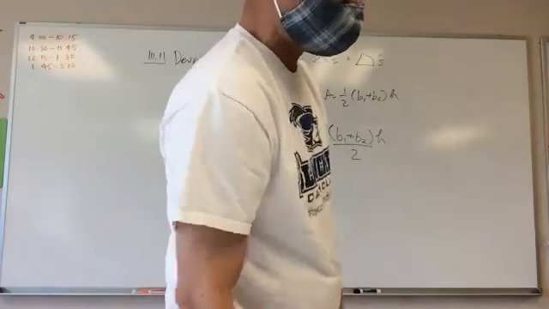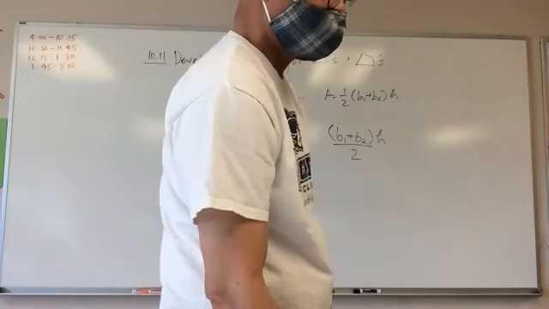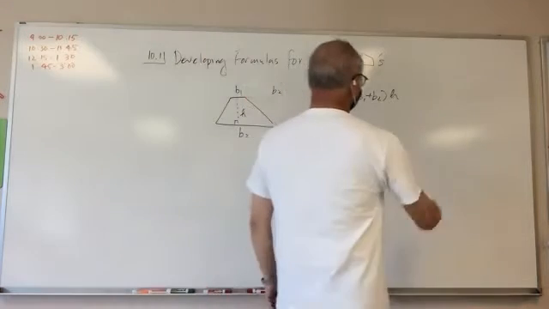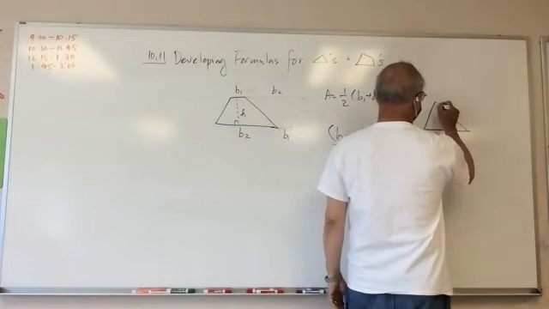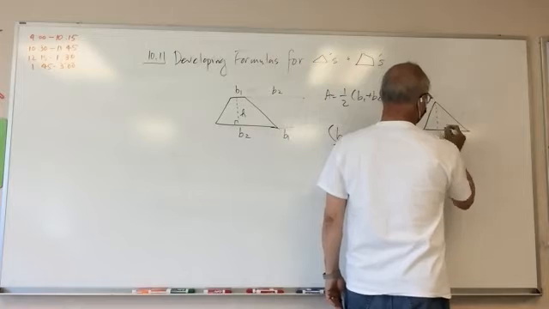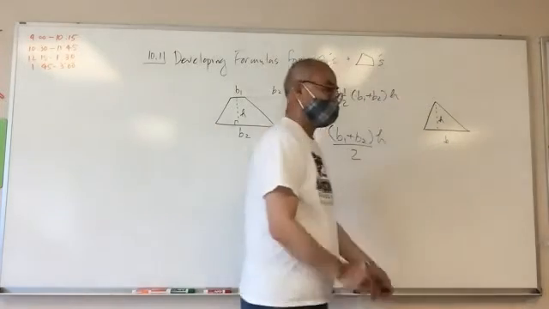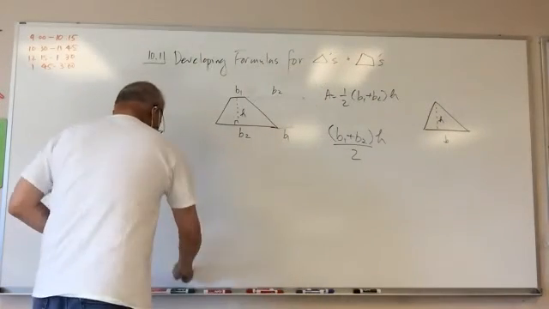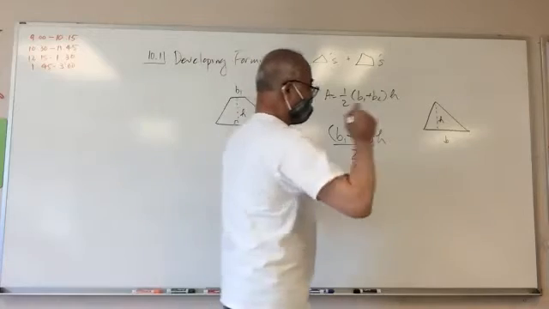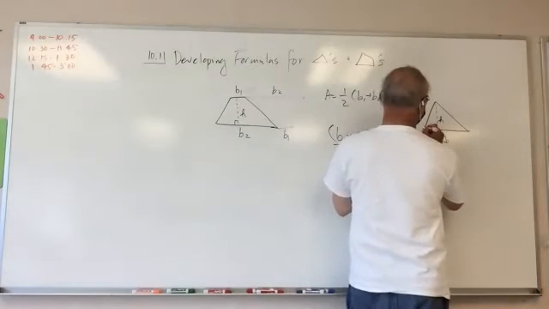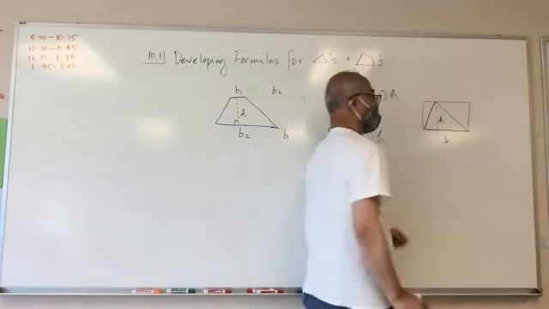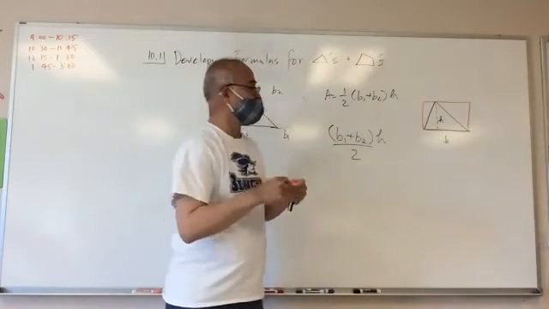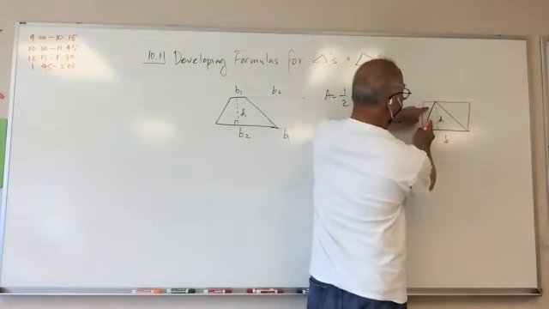It's actually the same thing with the triangle, just in case you were wondering. Triangle is a little different, but it's kind of the same idea. Base times height. If I actually put this into a rectangle, it's going to look like that. Can you see that this triangle and this triangle are the same?